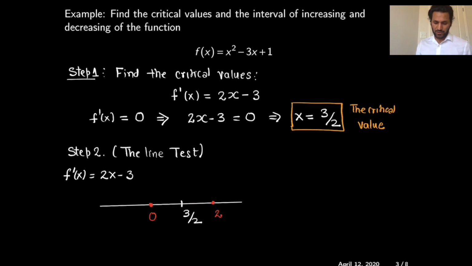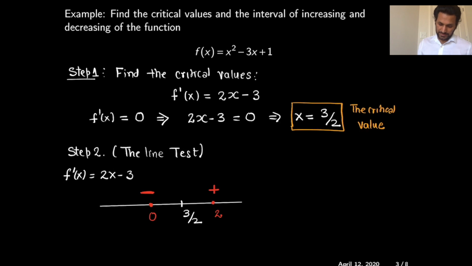If I plug these points into the derivative, I will check the sign of the derivative. When I plug in 0, it is negative, because 0 minus 3 is minus 3. And if I plug in 2, it is going to be 4 minus 3, which is a positive 1. So this is positive.